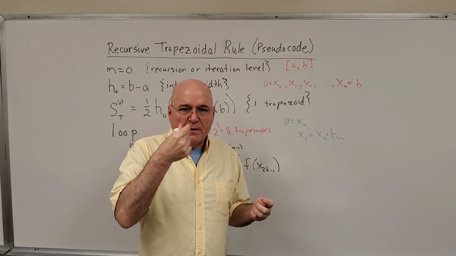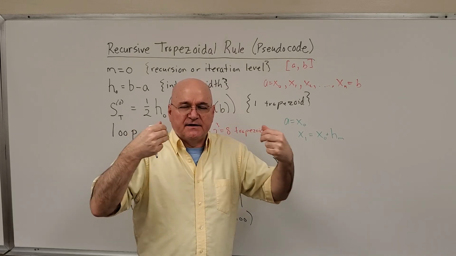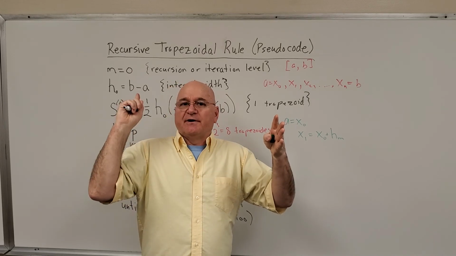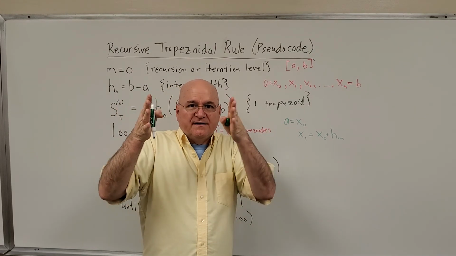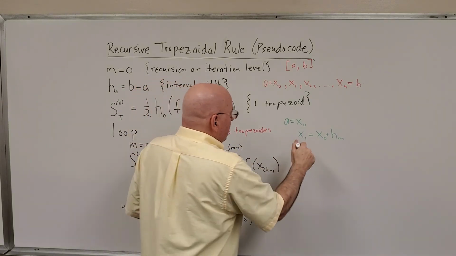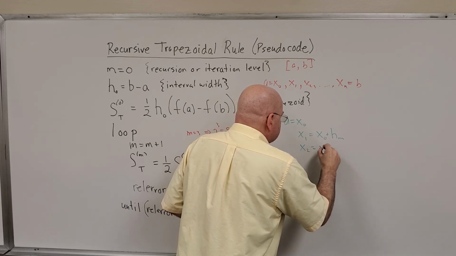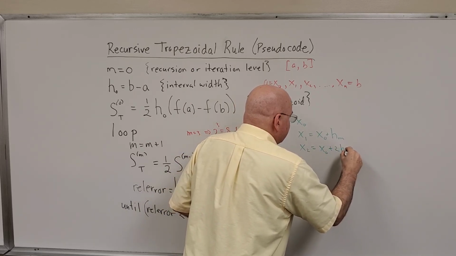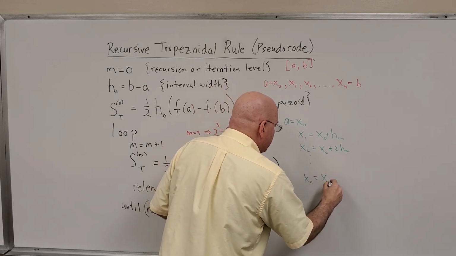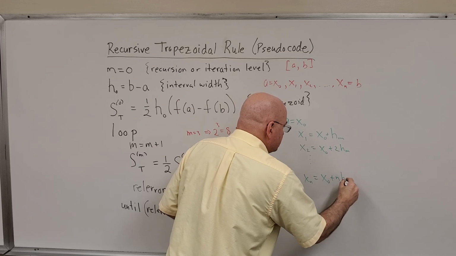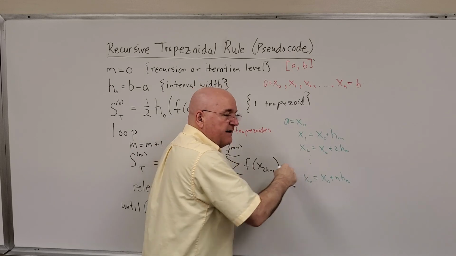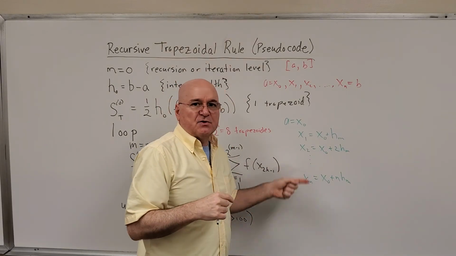The h is the width of one section in the divided interval from A to B. So h is initially h0, b minus a. h1 is half of that. h2 is half of that, and so on. So x2 would be x0 plus 2hm, and so on. Goes all the way down to xn, which would be x0 plus n times hm. That's how you can loop through all of the points, or if you need to loop through all of the odd valued points, this will help you get there.